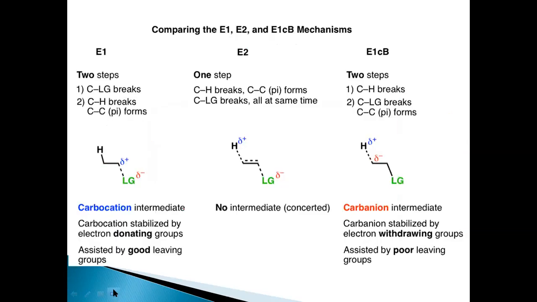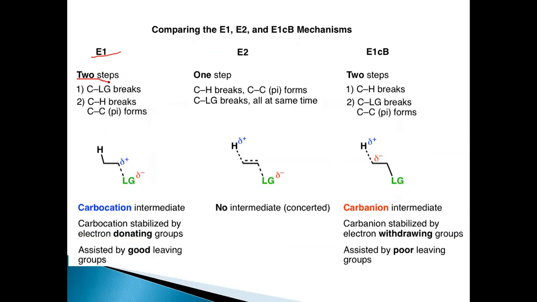And let's compare the E1, E2 and E1CB mechanisms in detail now. When we look at the E1 mechanism, as the name suggests, it is unimolecular, and the rate of the reaction is dependent only upon the concentration of the alkyl halide, or the substrate.